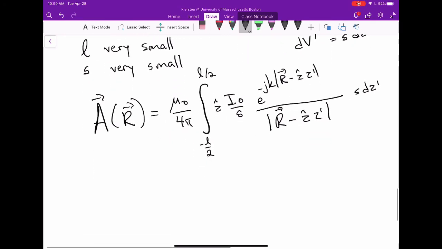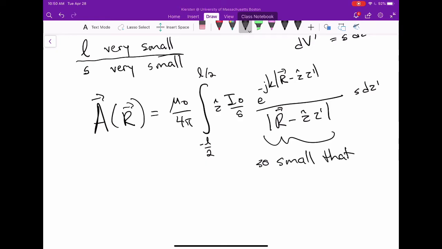And now here's the thing. We just said L is very small. How small is it? L is so small that this term is constant over its length. That's what infinitesimal means.